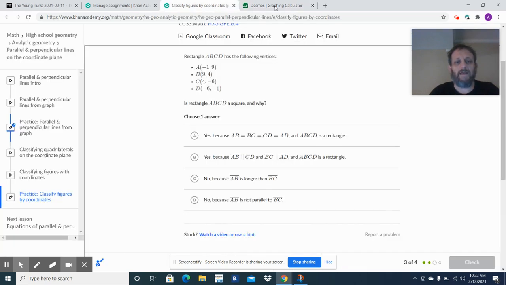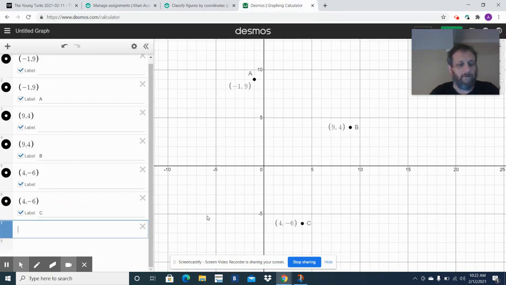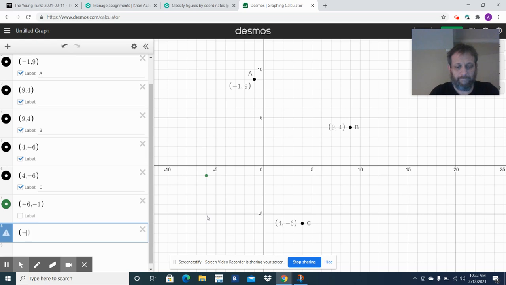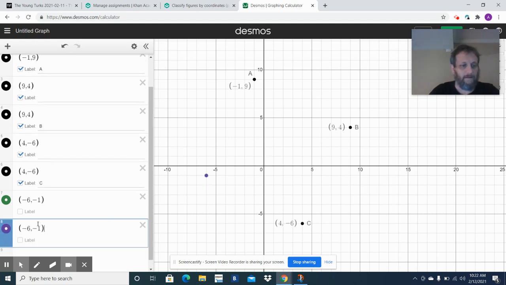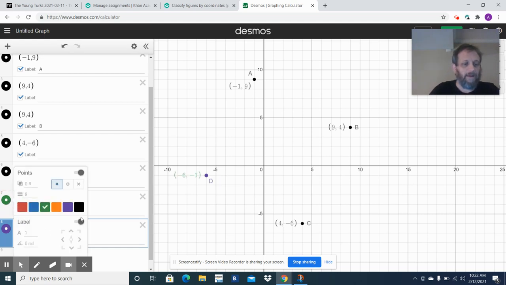And lastly, we have the point negative 6, negative 1. And again, label them both. Call that point D. Now, by accurately graphing them, it does at least give me a fairly clear picture of what's going on here.